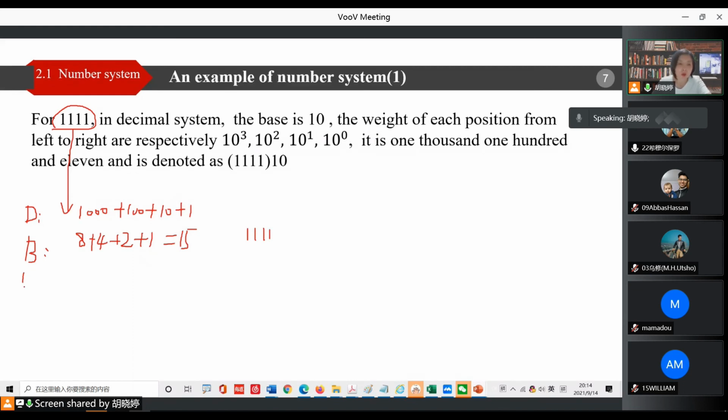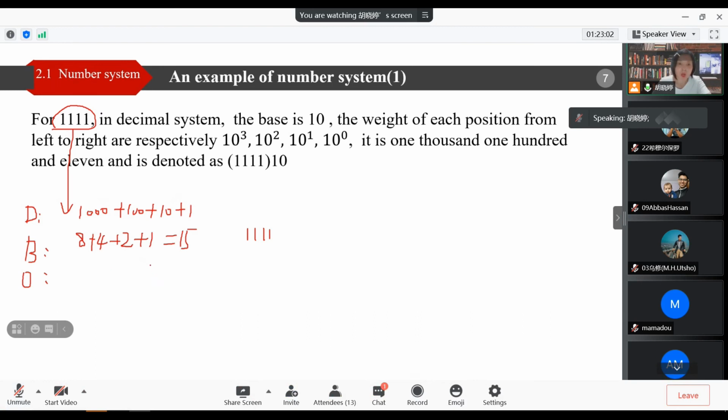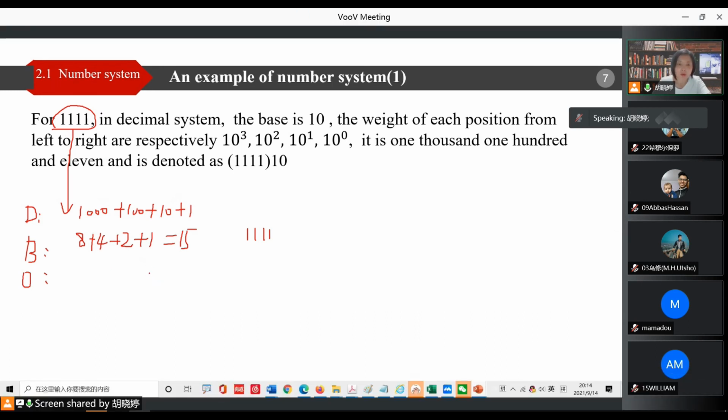Okay, for the octal system, the weight 8 to the power of 0 is 1, 8 to the power of 1 is 8, 8 to the power of 2 is 64, and 8 to the power of 3 is 512.